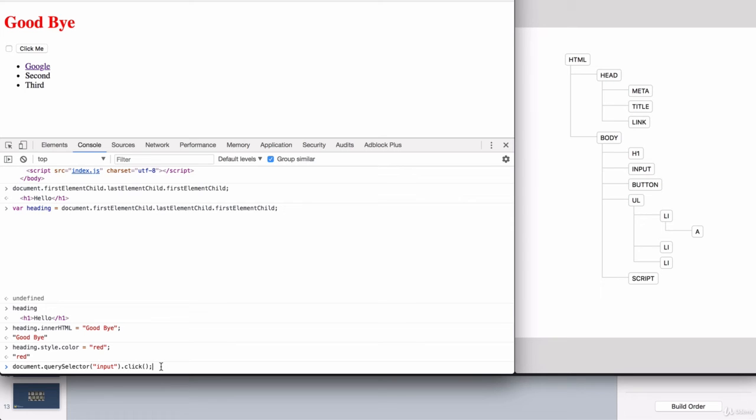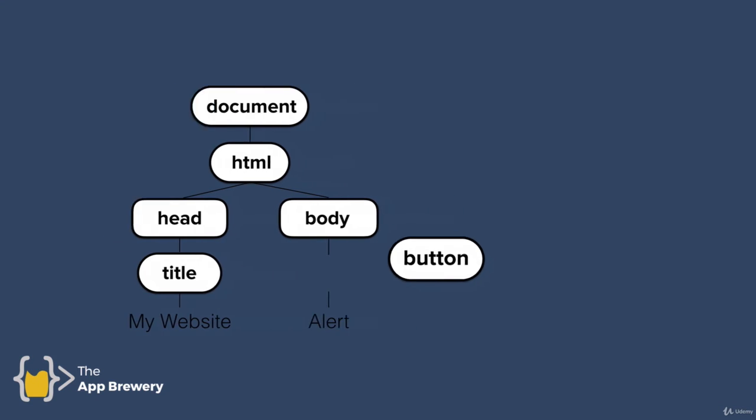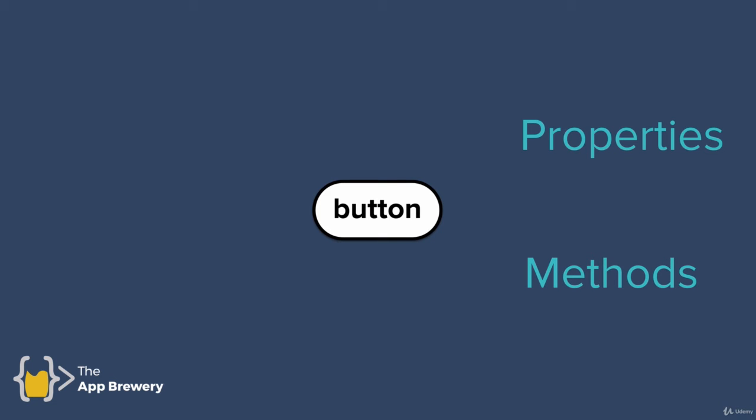And if I hit enter on this line of code, you'll see that my checkbox just got clicked. So it performed an action. You can see that our objects inside the DOM can have properties and methods. Properties describe something about the object, and the methods are the things that the object can do.